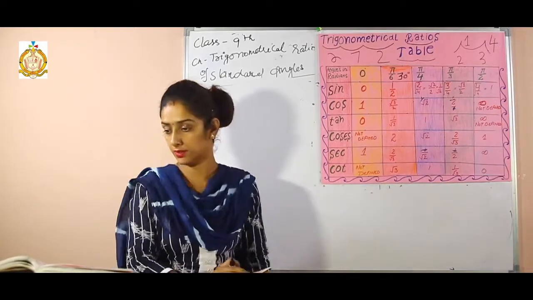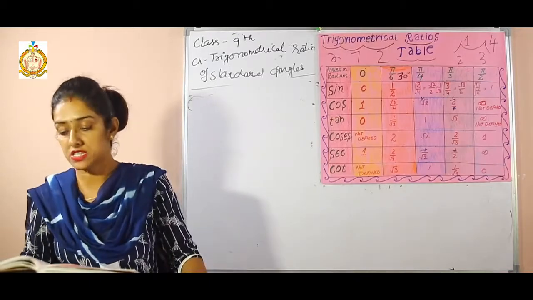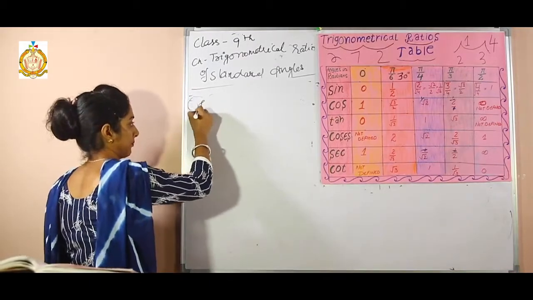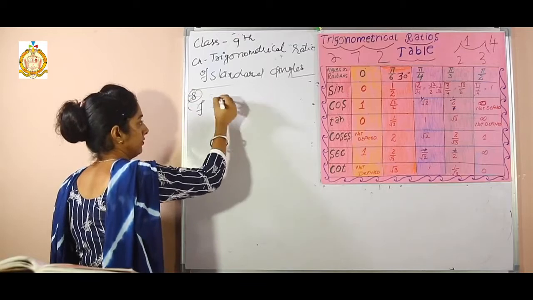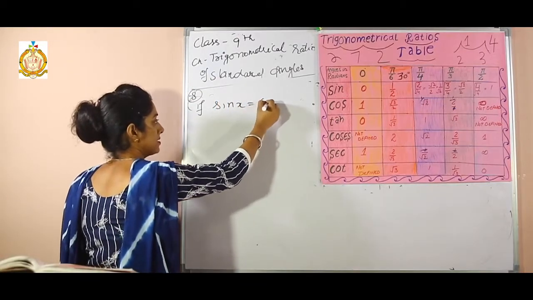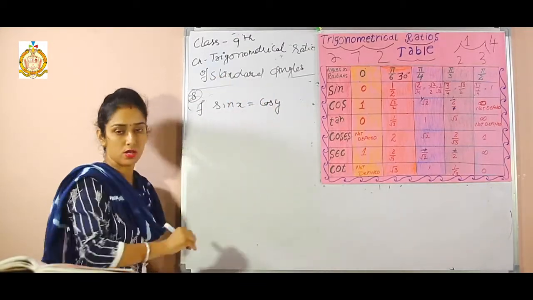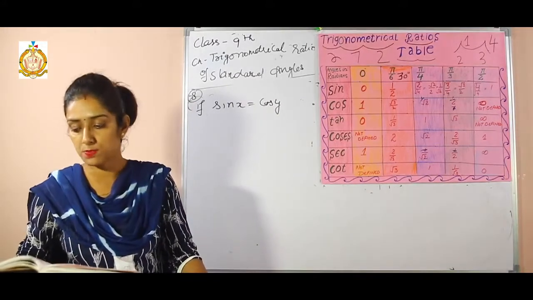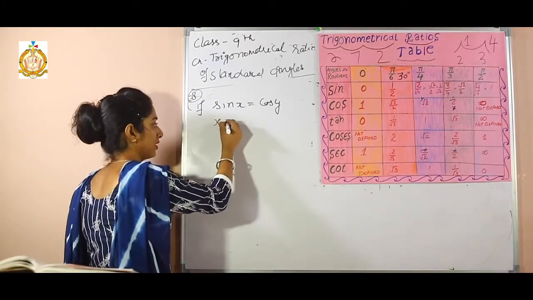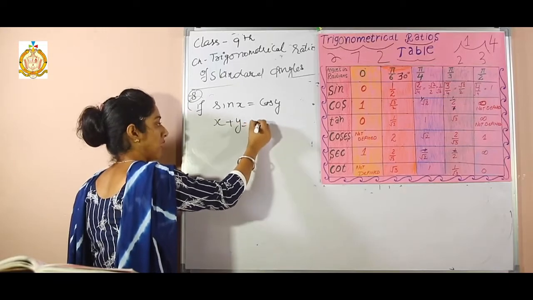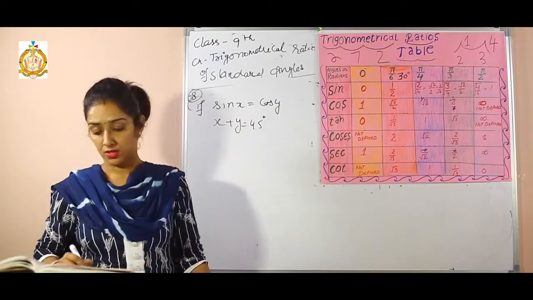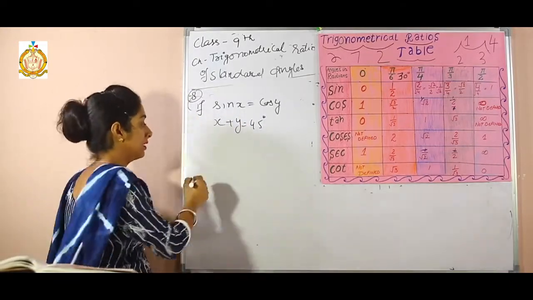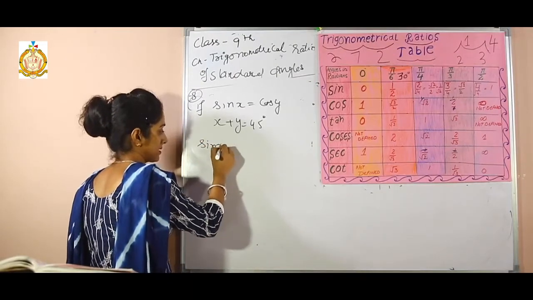Now come on the next question. Question number 8. If sin x is equal to cos y, then x plus y is equal to 45 degree. Is it right or not? So students, see, there is a sin x.